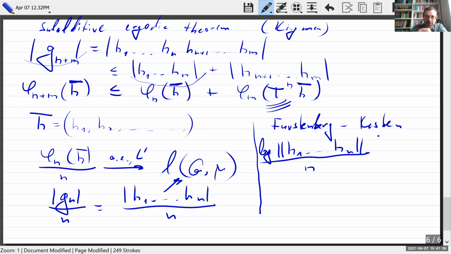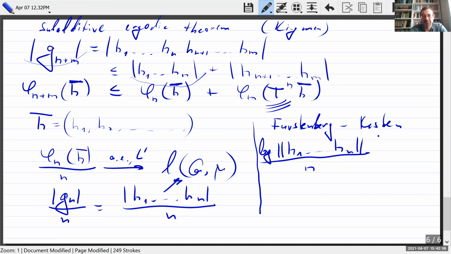There, if the groups are not countable, then there are certain measurability issues, and one has to impose conditions on the measure. For instance, one should require that the measure is absolutely continuous with respect to the Haar measure. But in what concerns these quantitative invariants, there is no issue here.